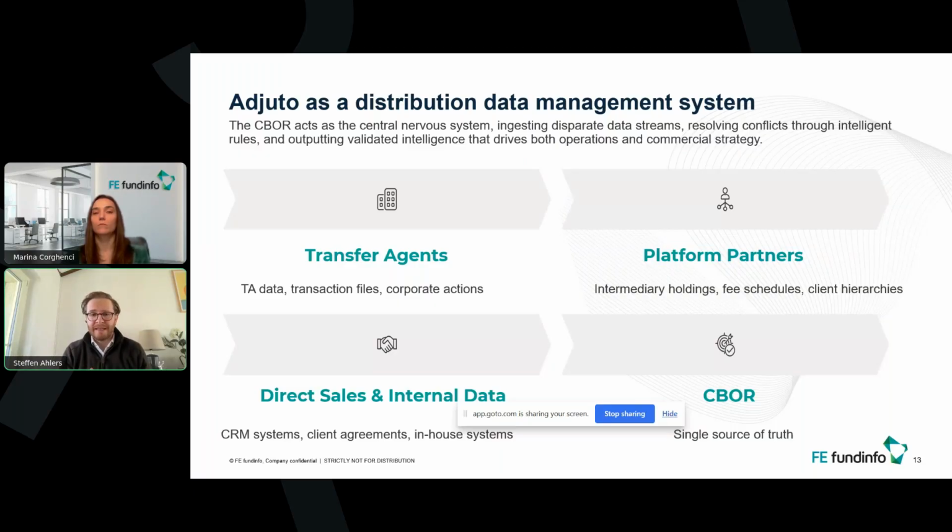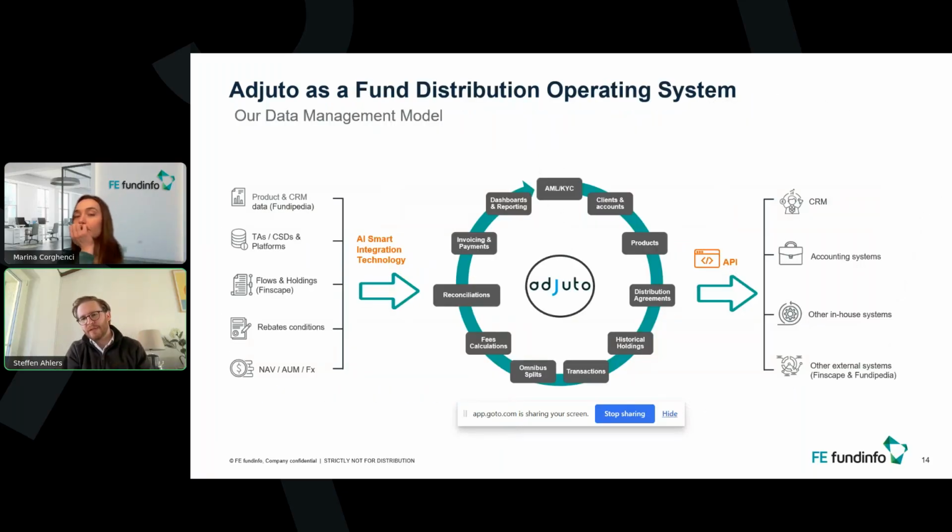And of course, we don't want to neglect that data because that is useful information, and that is also data that we require for further downstream processing. So once we have all that data plugged into Eduto or into your client book of record, we can publish that data and really create a single source of truth for it. And that's really the data management part of Eduto.